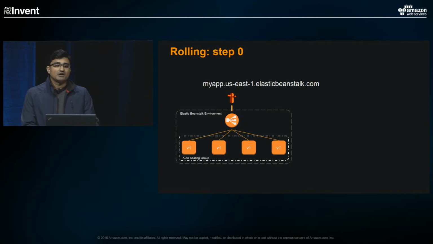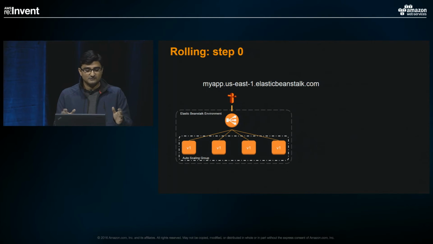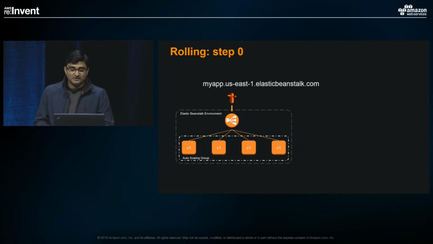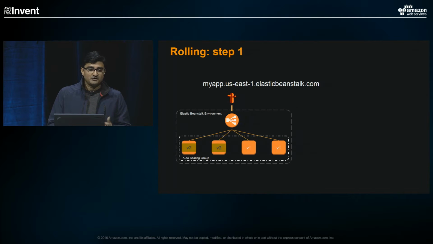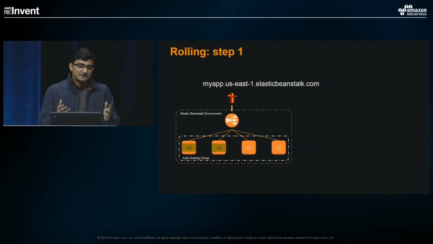Now let's discuss rolling. Rolling essentially deploys the new version in batches. Each batch of instances is taken out of service during the deployment phase, which reduces your environment capacity by the number of instances in the batch. You can define the batch size by the number of instances or the percentage. So here, let's say it is 50% or 2 instances.